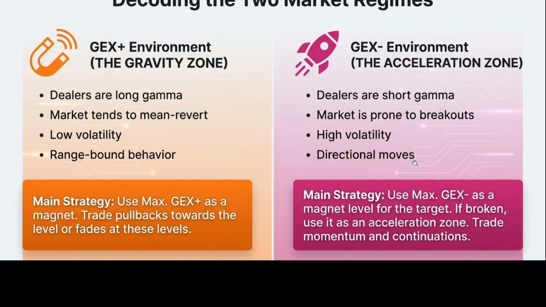We do not expect here a trade against the price. The main strategy here is to use the max negative GEX as a magnet level for the target. If this level is broken, use this as an acceleration zone. Trade momentum and continuation.